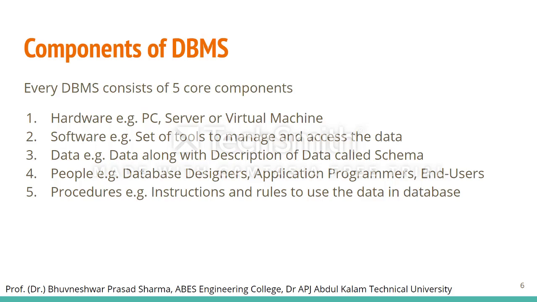Software is basically a set of tools to manage and access the data. Then we have the data itself, the data along with the description of data that we call schema, and the people who manage the data and who use the data. There could be database designers, application programmers, end users, and some more people in the system. Then there are the procedures, how the data get organized.